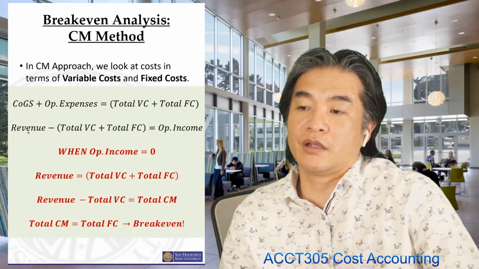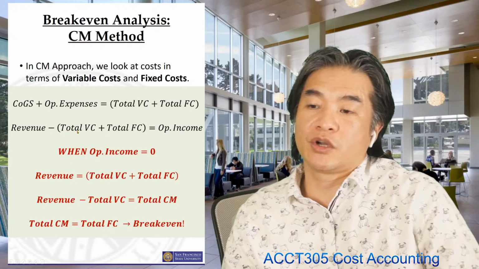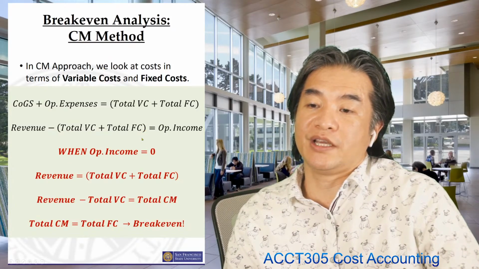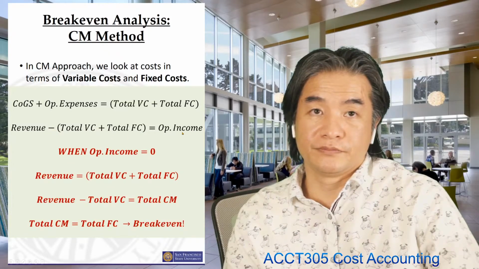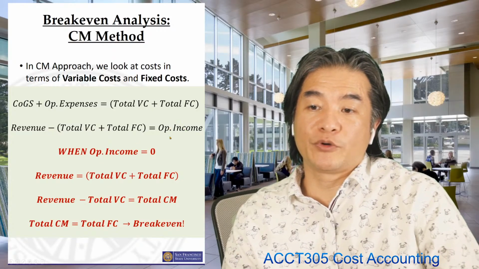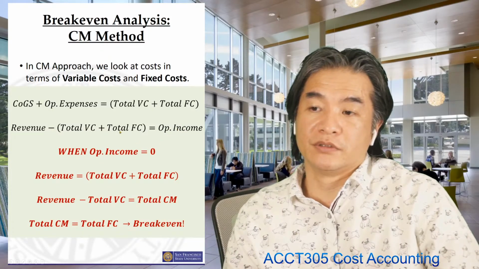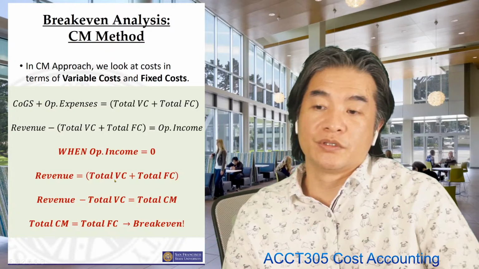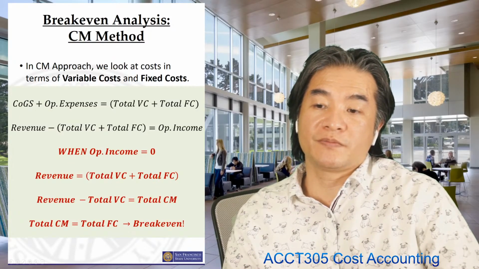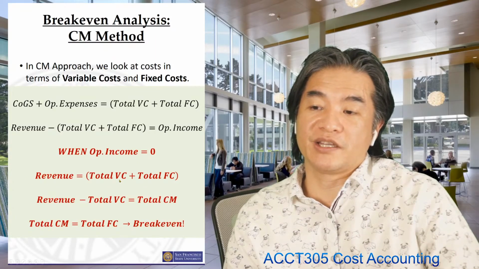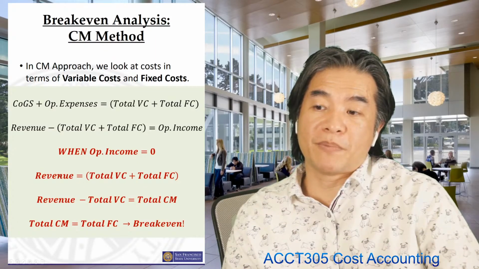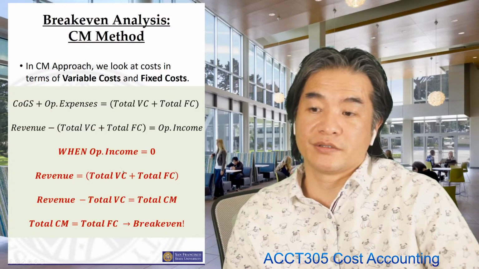So we know from here, the revenue minus total VC minus total FC, fixed cost, will give us our operating income, right? Okay, so when the operating income equals 0, what will happen? Revenue will equal total variable cost plus total fixed cost. What does this sentence mean? The benefit received equals the resources that I have sacrificed.